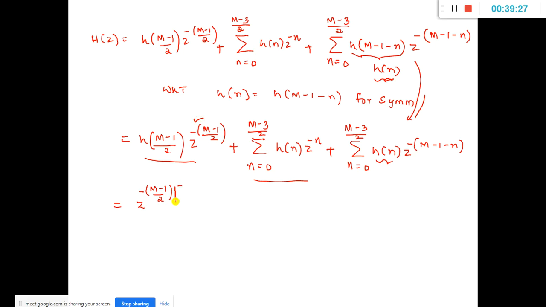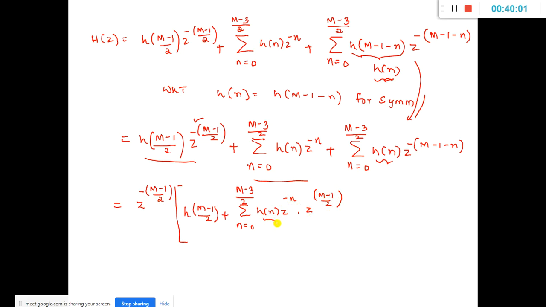So this will be h of m minus 1 by 2, plus the summation n equal to 0 to m minus 3 by 2 of h of n z raised to minus n, into, I just multiply with z raised to m minus 1 by 2. What happens?